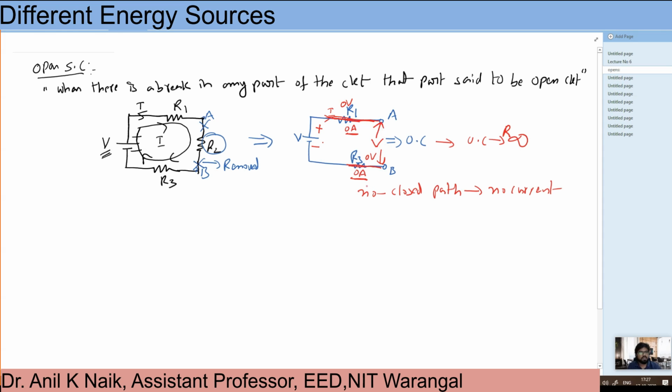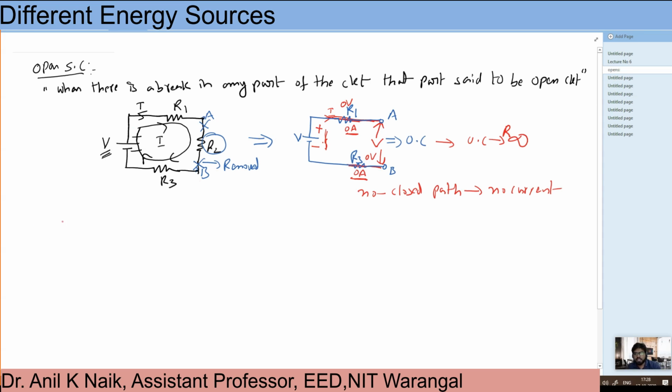So this is the condition in case of open circuit of any network: whenever it suddenly opens, the resistance across the AB terminal is infinite, so no current is flowing, and the voltage across the AB terminal is equal to the source voltage. That is the point you need to understand here.